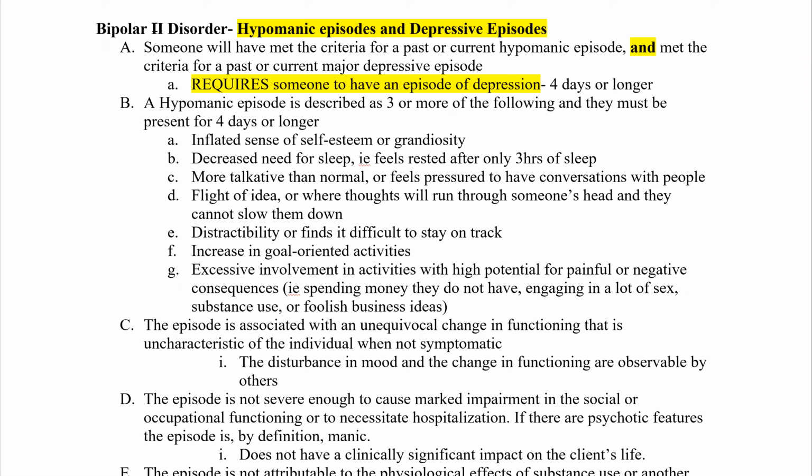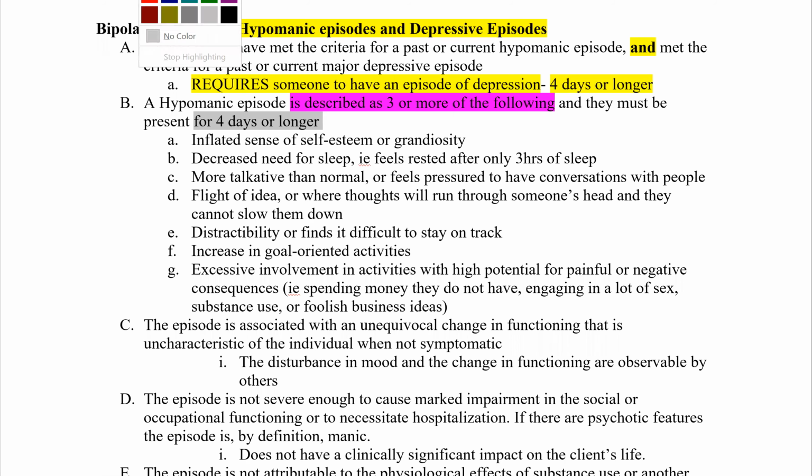An easy way to remember the length of time: bipolar 2, 2 plus 2 equals 4, because that is how long hypomania is, 4 days or longer. So a hypomanic episode is described as 3 or more of the following and must be present for 4 days or longer.